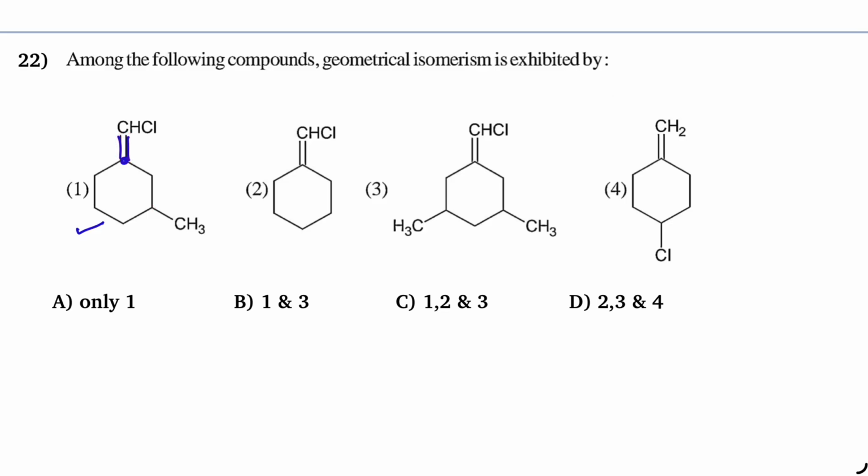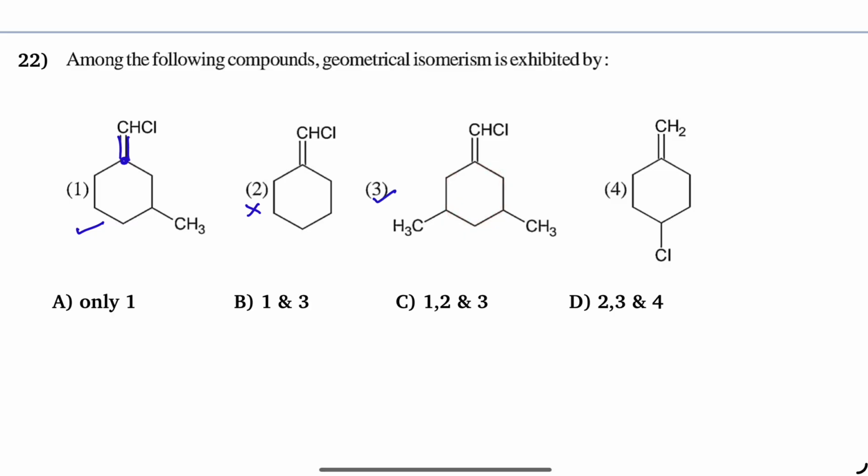So the first one shows geometrical isomerism. The second one does not show geometrical isomerism because these two groups are identical. Third one, maybe you are considering this part. Of course, this double bond is not a geometrical center, but the rigid ring system is a geometrical center.